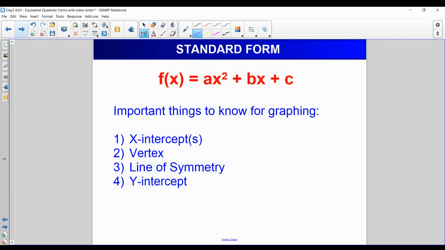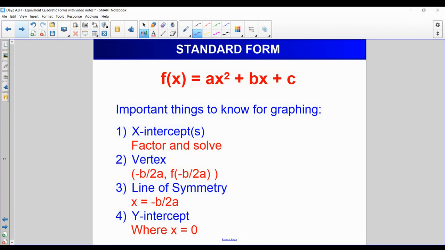So if we want to graph straight from standard form, I need to know the x-intercepts, the vertex, line of symmetry, and the y-intercept. So I can find the x-intercepts if I factor and solve.